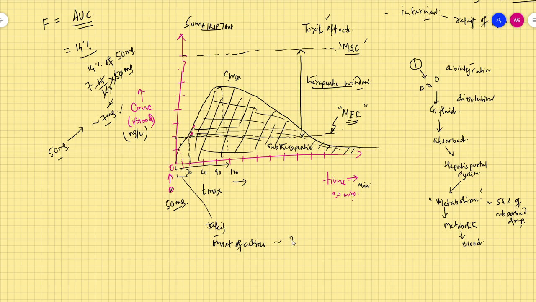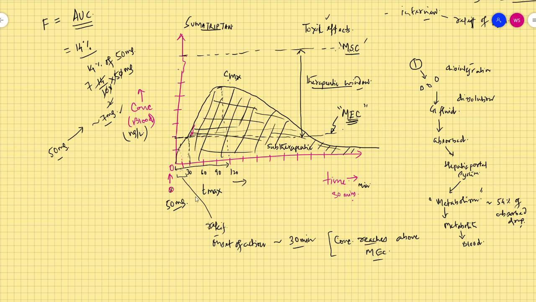In this case it is 30 minutes. And what has happened in 30 minutes is that the concentration of the drug has reached above MEC. So when does the patient say I am beginning to feel relief? When the concentration reaches above the minimum effective concentration.